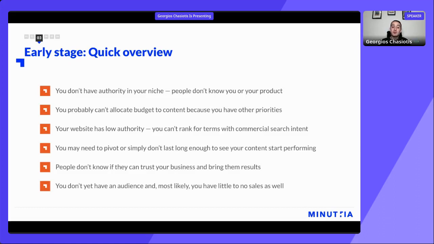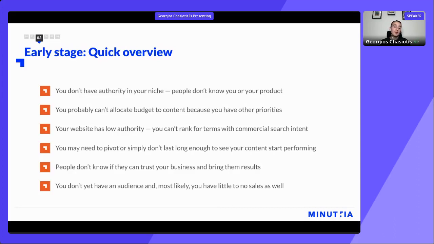Or simply, and this is a bit sad, but it's the hard reality, you may not be able to last long enough to see your content and SEO efforts start getting you results. At the same time, people don't know if they can trust your business to bring results. They don't know you, so they cannot really trust you and your product.